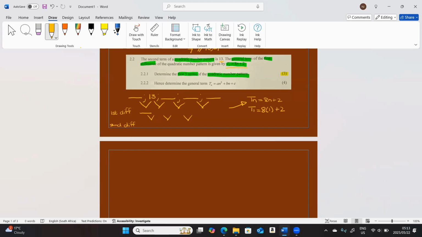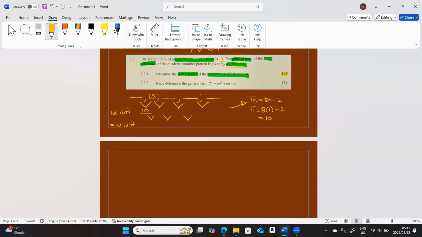When we do that, we get 8 plus 2, which is 10. So can you see there, we used the formula for the general term of our linear or arithmetic pattern, and that gave me 10.